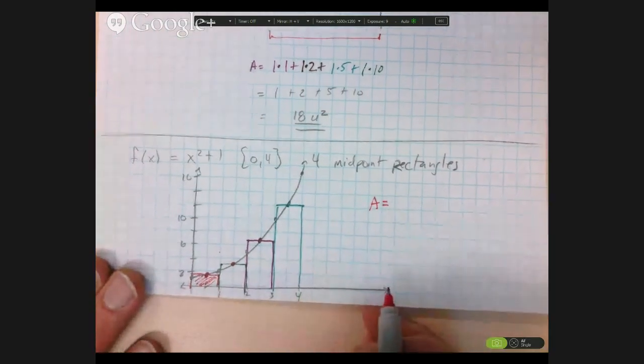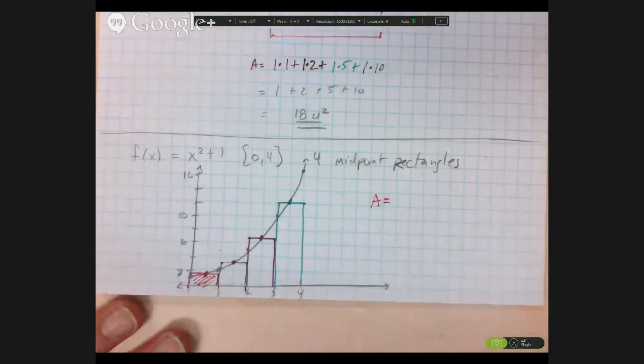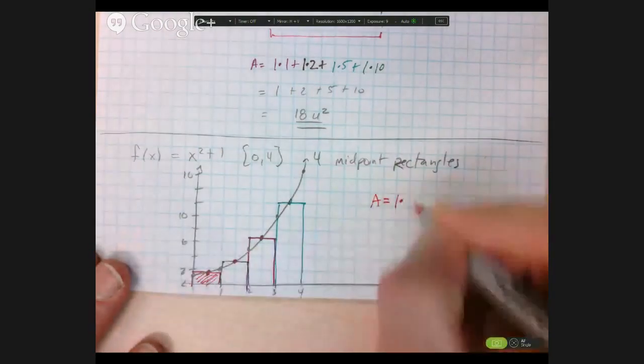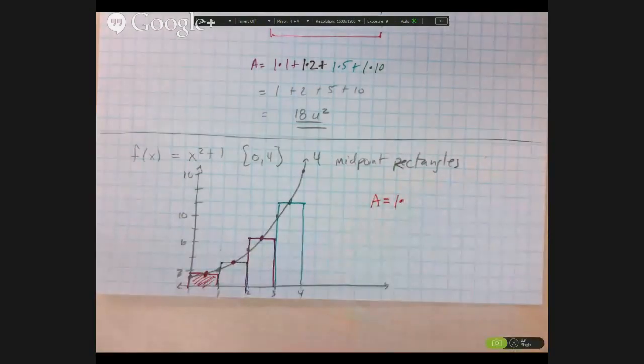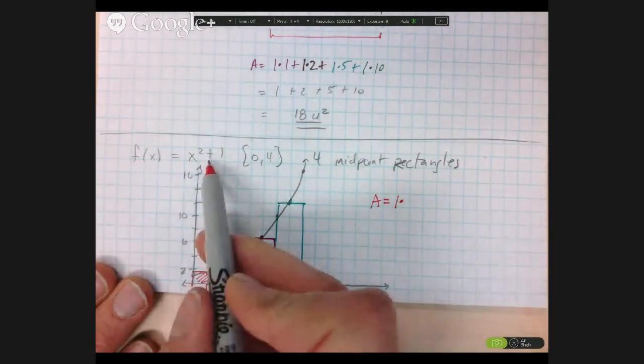Okay, for the left, the red rectangle, the width is 1, right? What's the height? I'm guessing 1.5. What x value is it? 0.5 or 1/2. Plug it in.